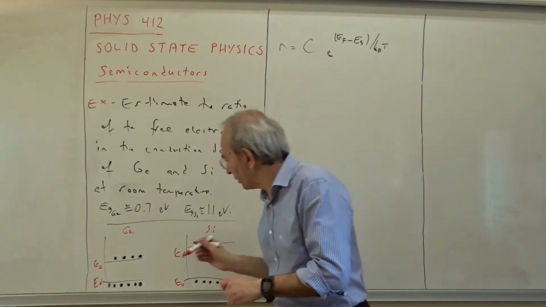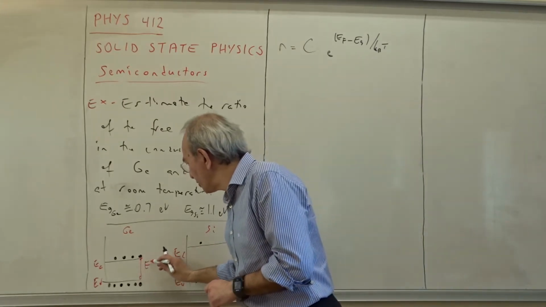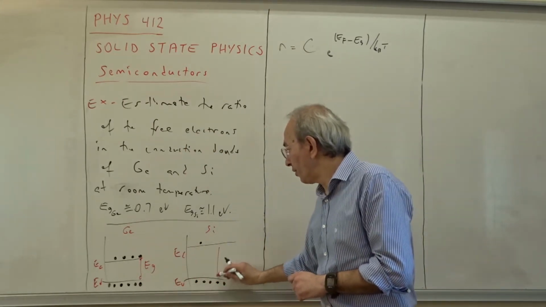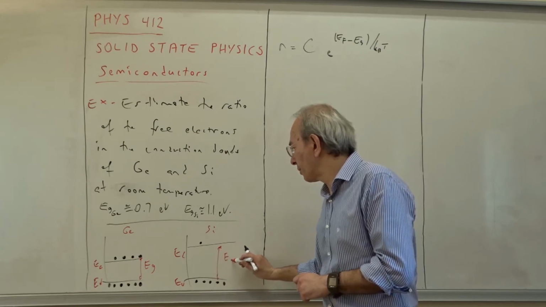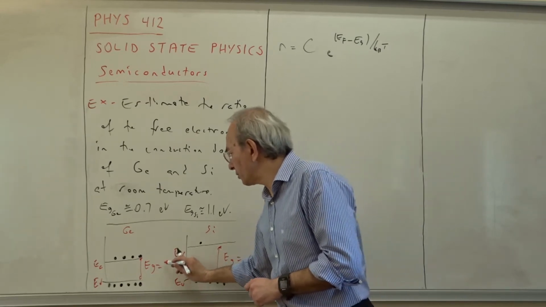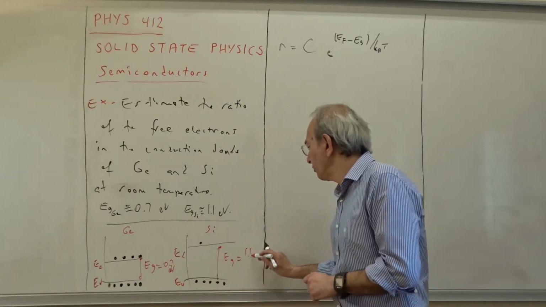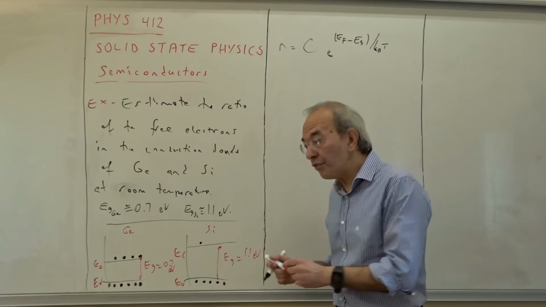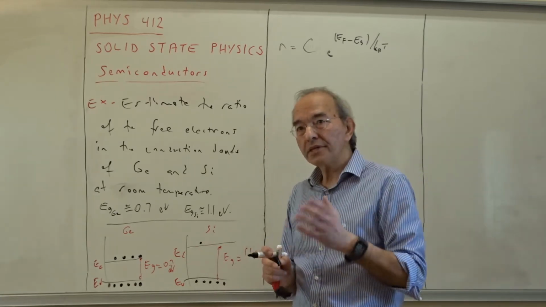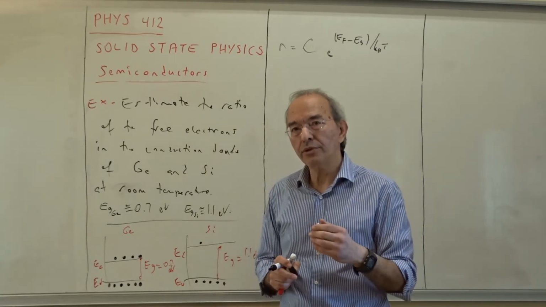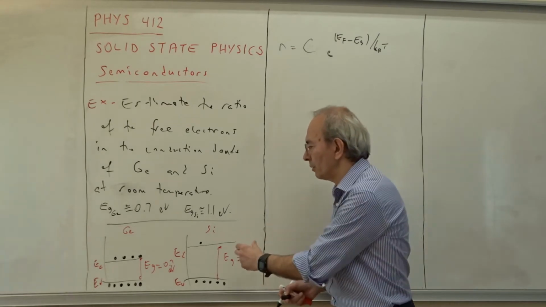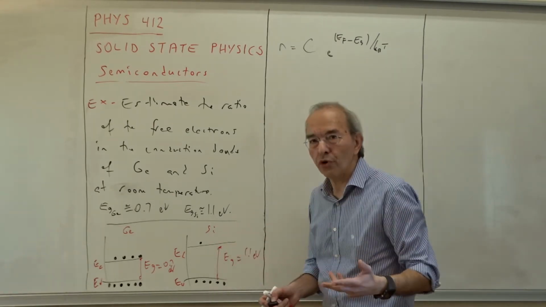So remember, this is the energy gap of germanium. That is the energy gap of silicon. This is 0.7 electron volt. That is 1.1 electron volt. Although this difference doesn't seem to be quite an important number, it is very small, even the difference is 0.4.